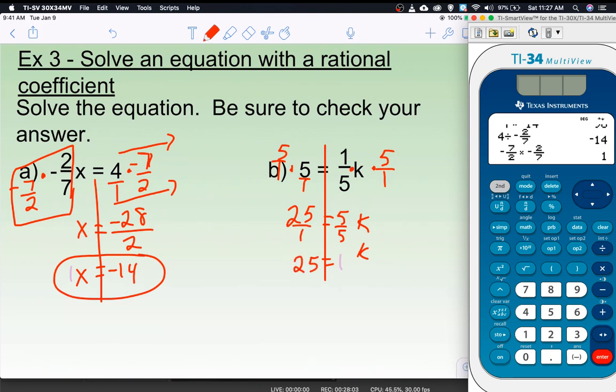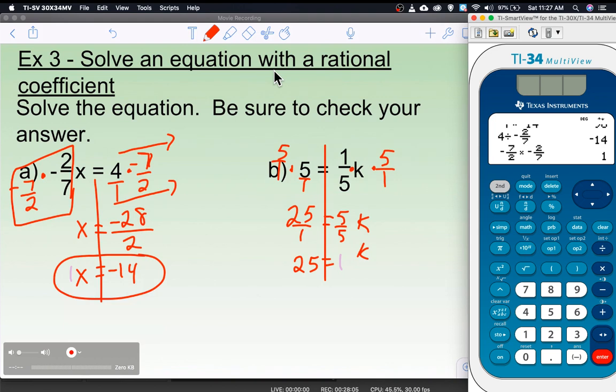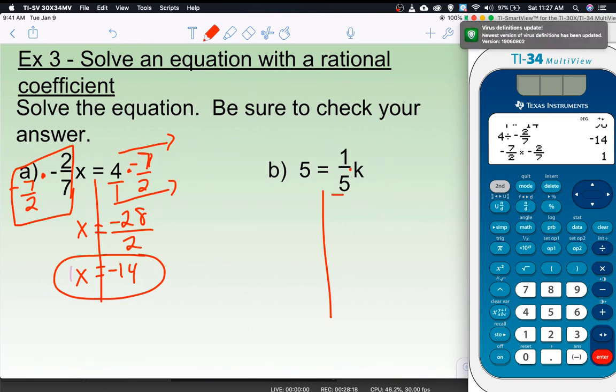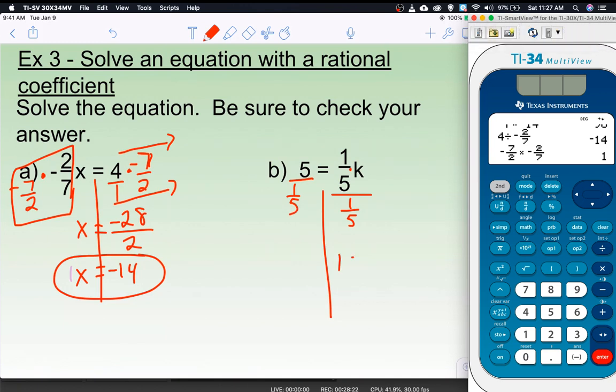Now, this is kind of doing it by hand. The way you do it with a calculator is, if I take all this and delete it, and I'm saying, hey, this is multiplied by 1/5. If I divide by 1/5 on both sides, k equals, let's see, 5 divided by 1/5 equals, it was that same solution.